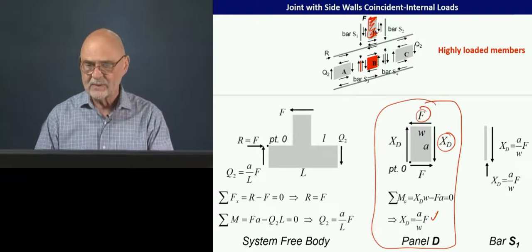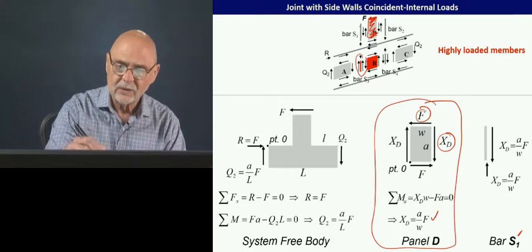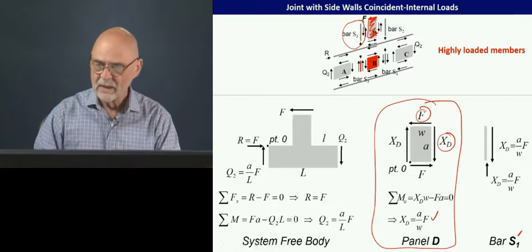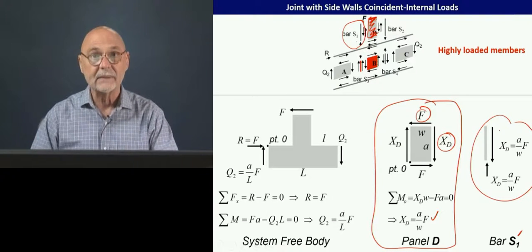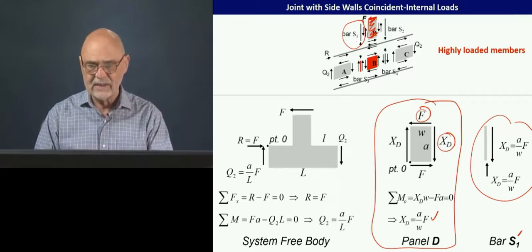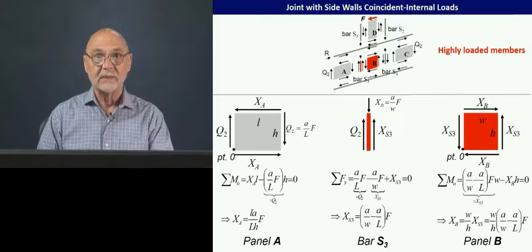They're given by that amount. Here is bar S1. Bar S1 is this one, and here's the free body diagram on it. Again, just for your notes, we're not going to go through this in any detail. And then here are the remaining elements.